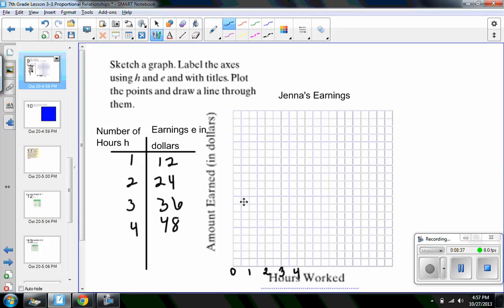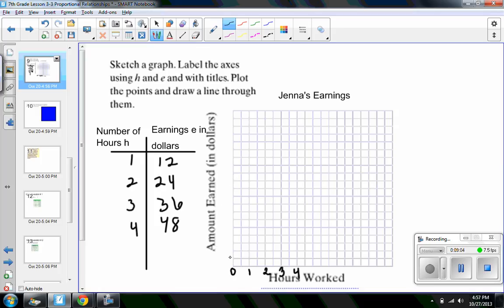So you can determine what interval you want to go up at. You can go by 2, you can go by 10, you can go by 5, you can go by 12, whatever will help you to see. You always want to make sure how many lines you have. If I start going 2, 4, 6, 8, 10, 12, I might not have enough to get all the way to 48. So I'm going to just go by 5s today.